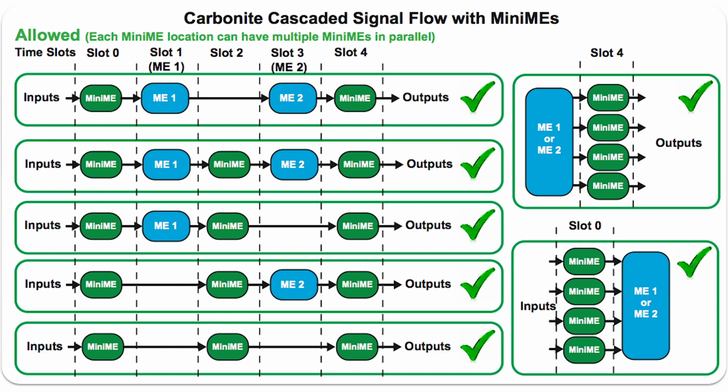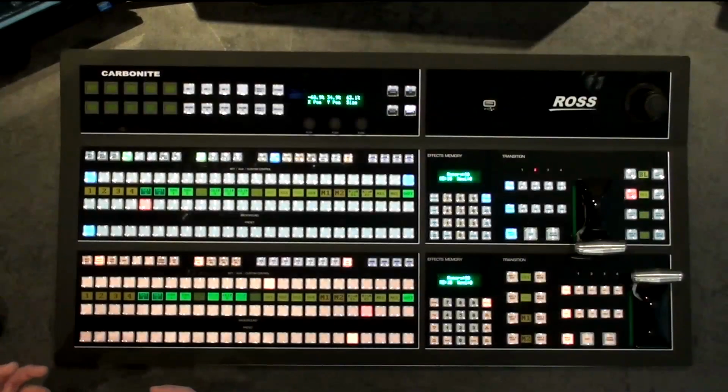So you can't put a MiniME into a MiniME and then into ME1, but you can have multiples in the same timing window. So what that means, for example, what we want to do is set up a 2-box on ME1 that is taking both of those two MiniMEs.